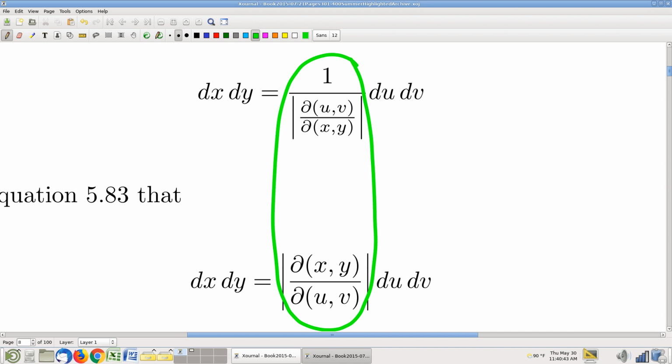Our initial motivation to write this as a fraction was that the individual elements in that Jacobian matrix were partial derivatives, which we sloppily write as fractions. But then you assemble them into a matrix, you take a determinant, and the resulting thing is not a fraction.